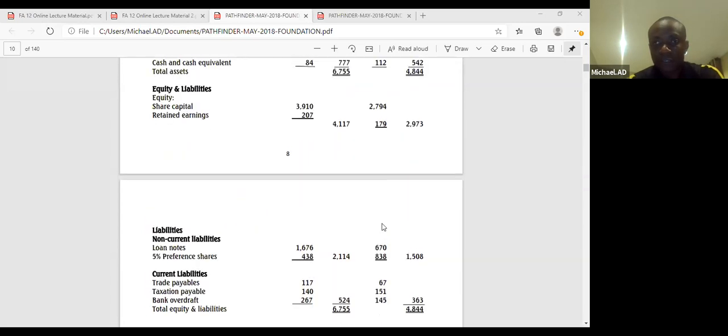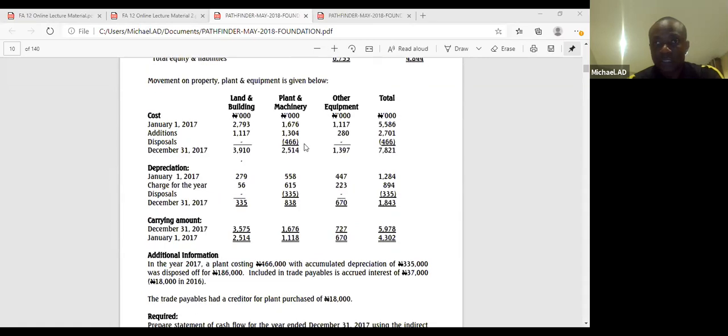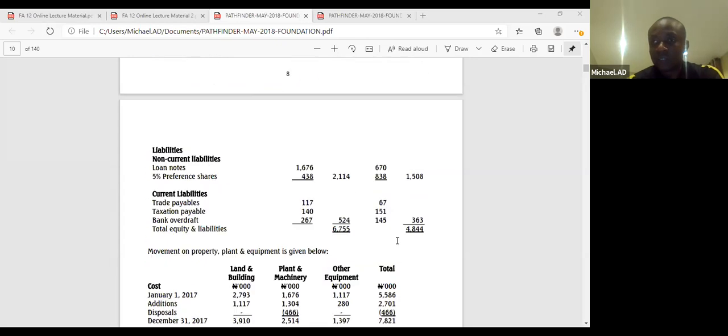So we have the financial position. We look at it. We also even have the movement of property, plant, and machinery, how they arrive at 4,302.